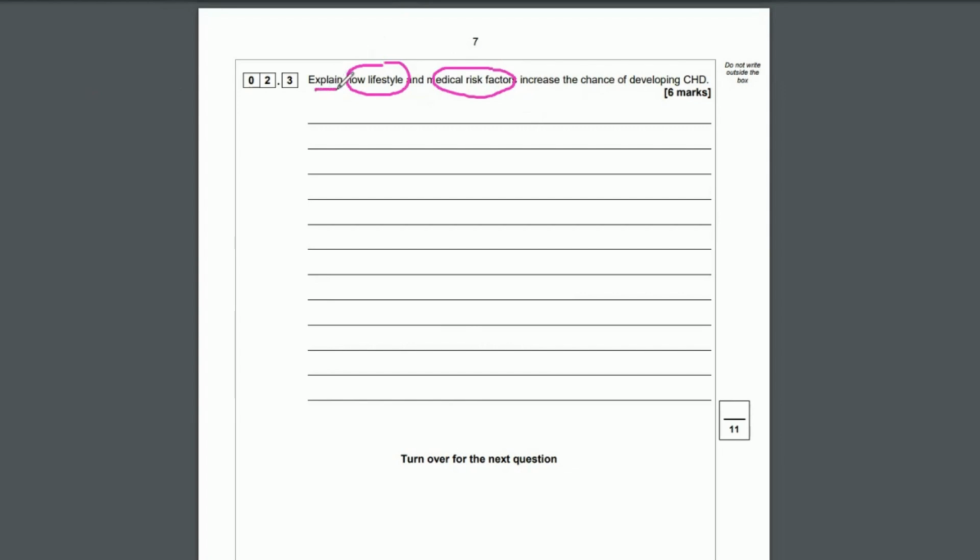And then the word explain. I always say the word explain means use your science knowledge. So we want to talk about how lifestyle factors can increase the chance. And so just think about some of the lifestyle factors, what will increase your chance of developing heart disease. So we might say something like obesity, means lack of exercise, like you're not going to be able to exercise as much.